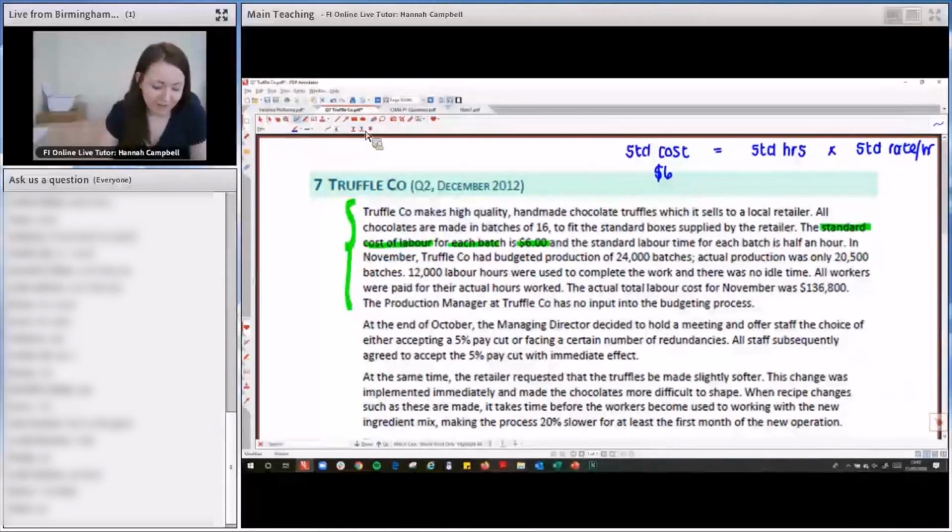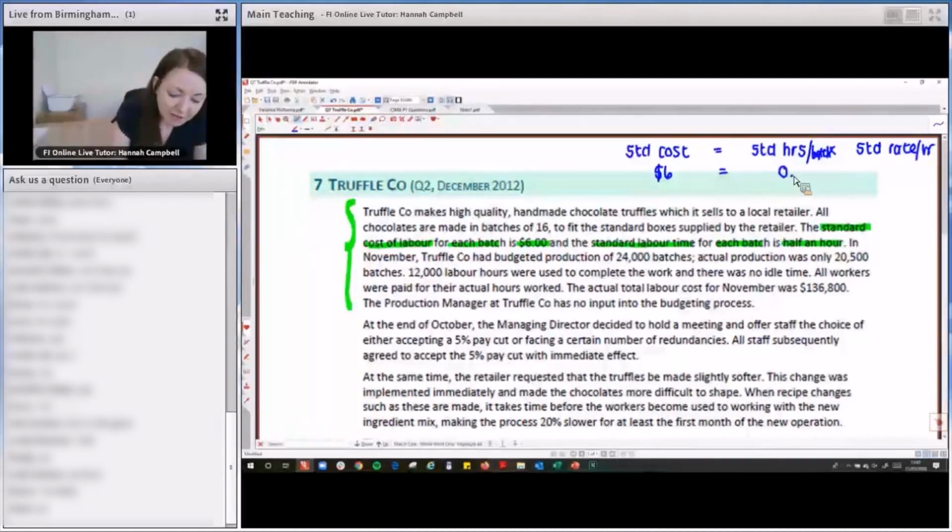Now, it then tells us that the standard labour time, so we're talking about hours here, for each batch is half an hour. So that is the standard hours per batch, which is what we need here. This is always per batch or per unit.